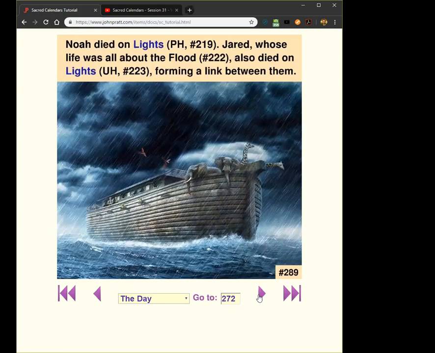We're back now. We've looked at the flood before when we went through the Jubilee calendar. So Noah dies on the Feast of Lights. This is the Feast of Dedication.